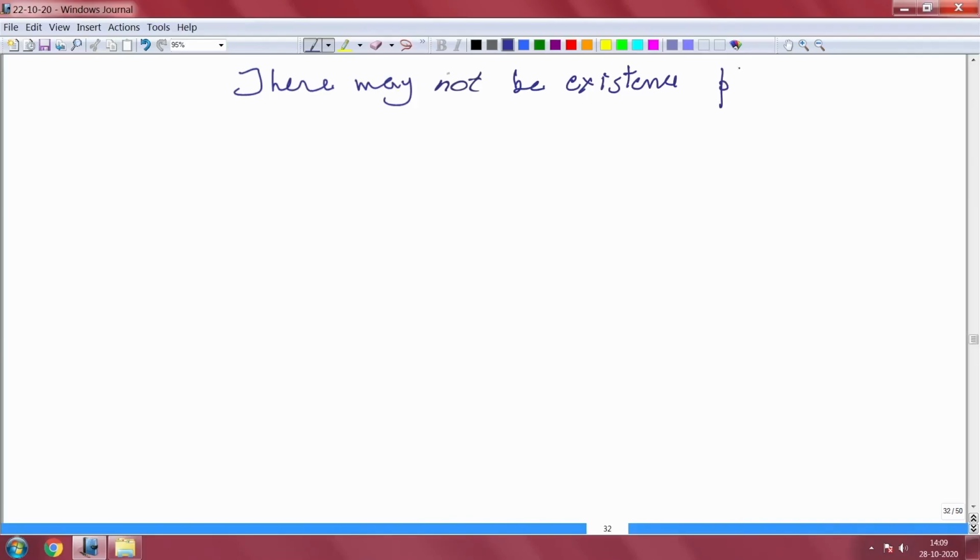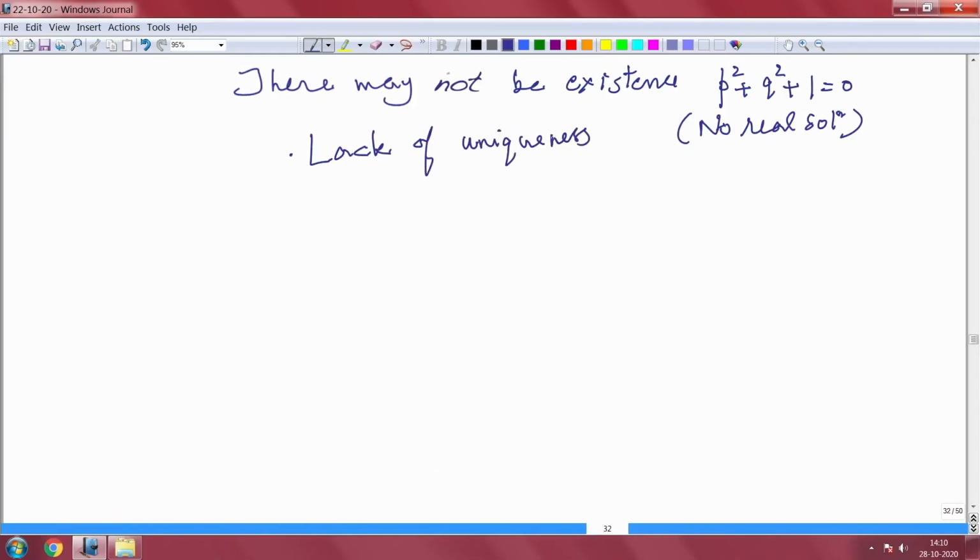Suppose you need to solve p square plus q square plus 1 equal to 0: no real solution, because you cannot have something square plus 1 equal to 0. There is also a difficulty of a possible lack of uniqueness. I am talking about the initial value problem. For a given initial value problem, all these things can happen, as you see in this example.